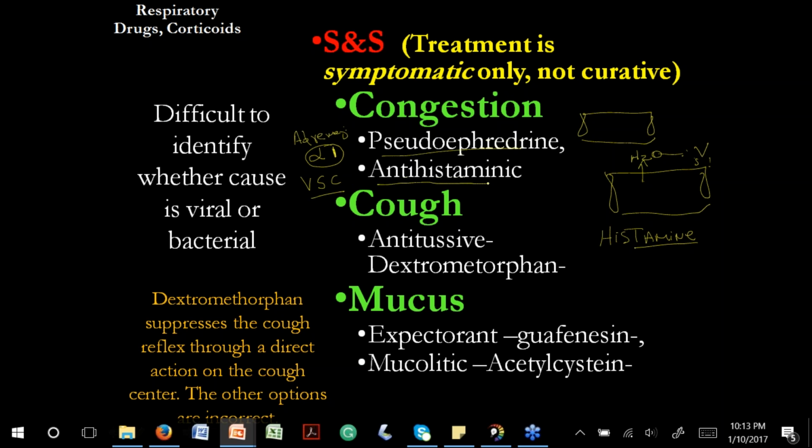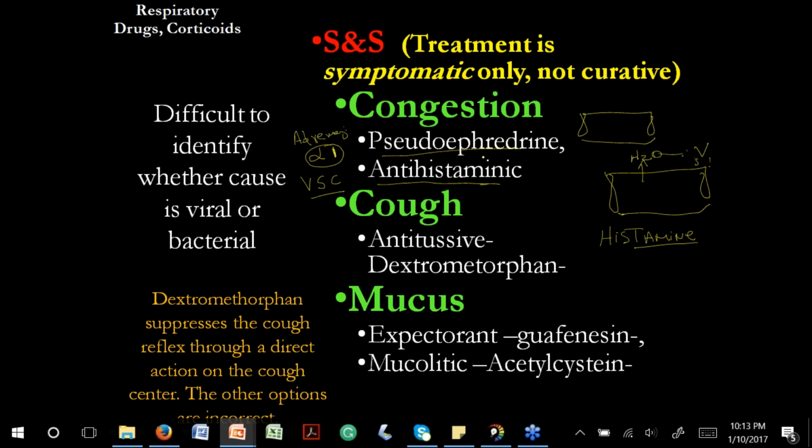We have the antihistaminic. The antihistaminic is for congestion. Obviously, if the histamine is going to produce vasodilation, as a consequence of this vasodilation it is going to produce escape of water and produce edema, congestion.